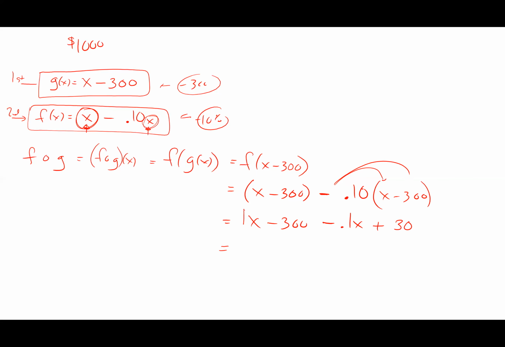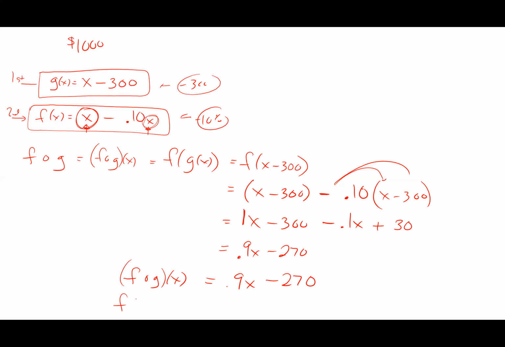Then I have a 1 here, and I have subtracting 0.1. So that I know would be 0.9x. Negative 300 plus 30 makes a negative 270. So I have this little function called f of g of x, which is equal to 0.9x minus 270.